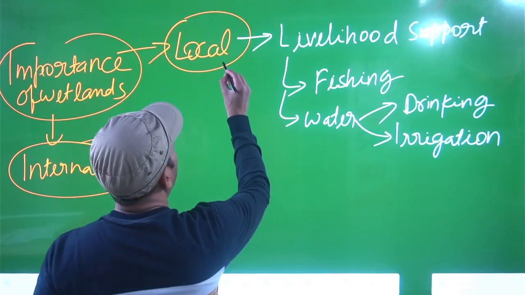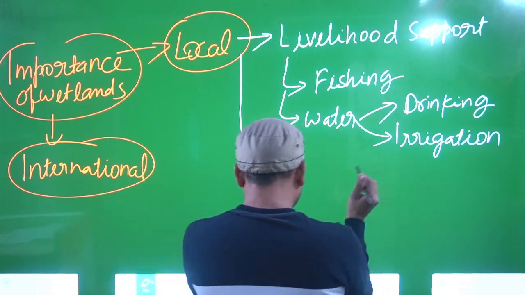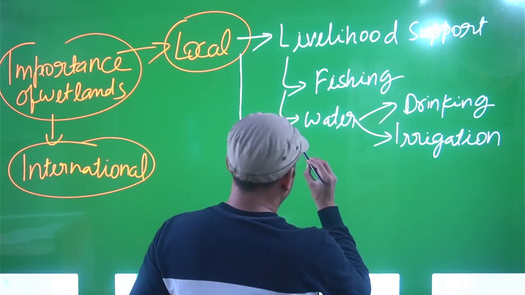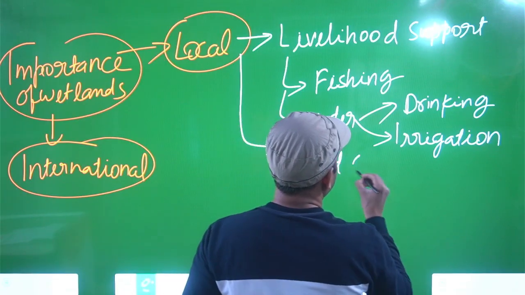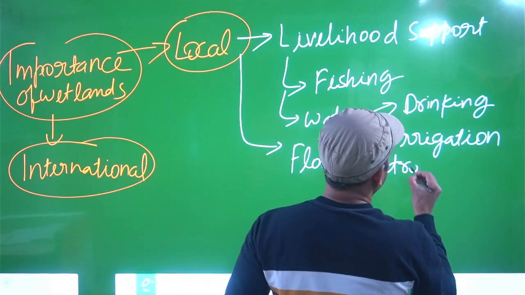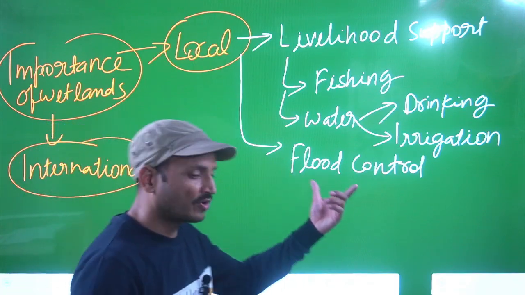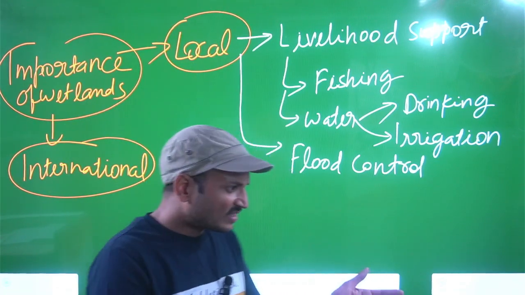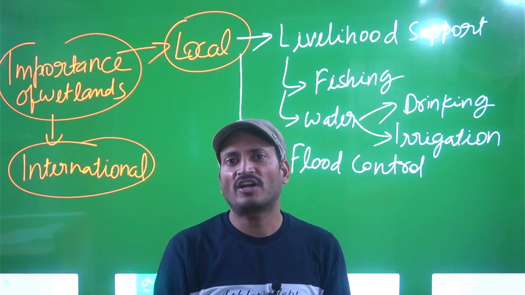The next local importance of a wetland is flood control. This is one of the other local importances of the wetland, because wetlands are the area that can just suck out a huge amount of water.